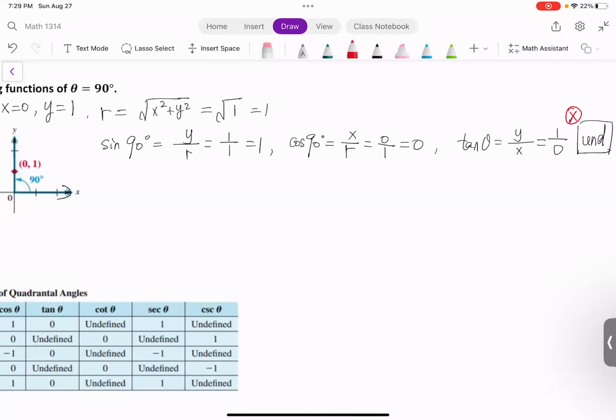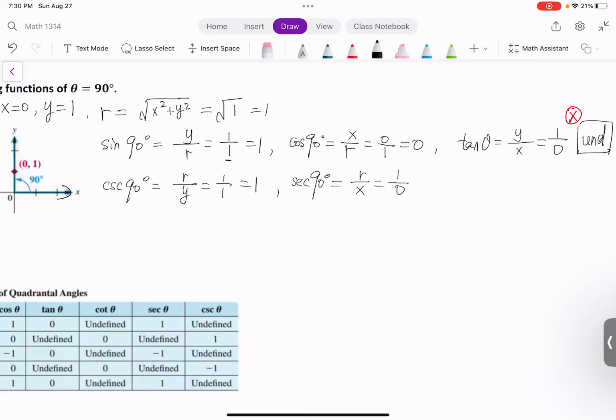How about their reciprocals? The sine's reciprocal is cosecant. Cosecant 90 equals r over y. So flip this one, I have 1 over 1, it is 1. So let's move on. Secant 90 degrees equals r over x. R is 1, x is 0.